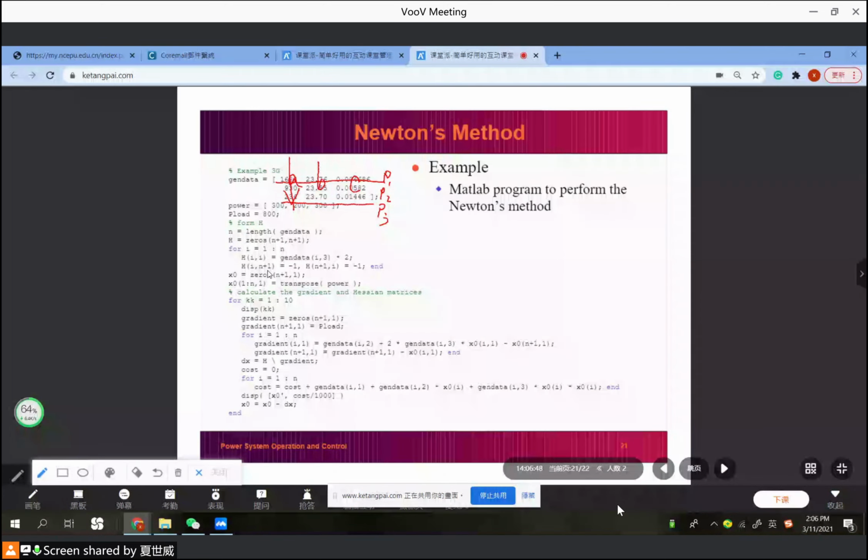Based on this, we used MATLAB to code this lambda iteration. The key part is this part. You should know the meaning of this. I will not repeat this, and if you have any questions, we can discuss after class.